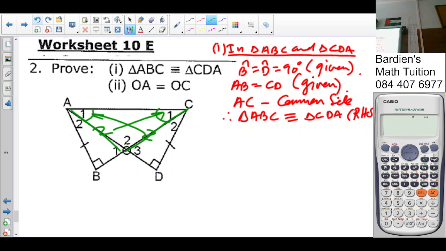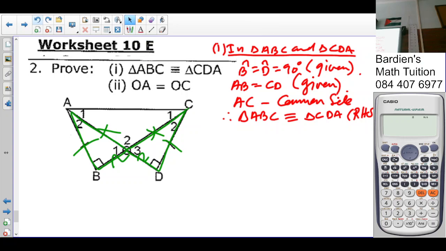Does that make sense? Also, if we can prove that this triangle here is congruent to that triangle, then the corresponding sides have to be equal. That's what I'm trying to tell you. Does it make sense now?